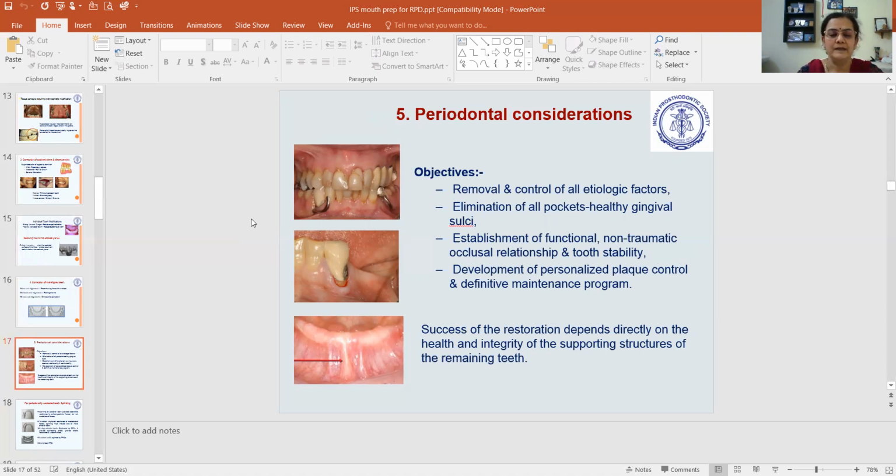So a healthy periodontium and gingival tissue is very, very important. The objectives of periodontal treatment are removal and control of all etiological factors, elimination of all pockets and healthy gingival sulci, establishment of a functional and non-traumatic occlusal relationship and tooth stability, and development of a personalized plaque control and definitive oral hygiene maintenance program.